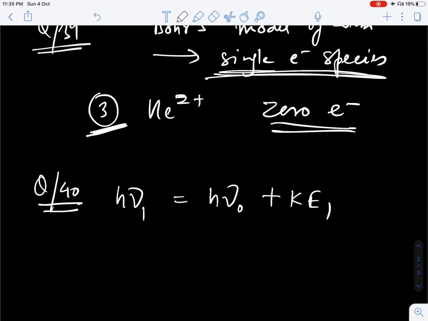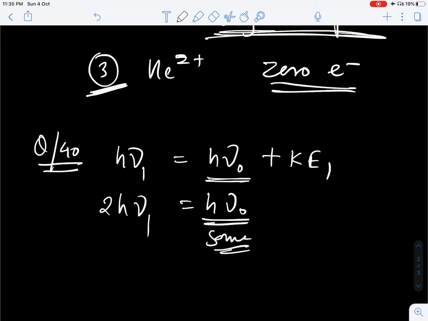Similarly, it is given in the question that we have to double the frequency. So what will be the new energy of the photon? It will be 2h nu1, but the threshold energy will be the same because threshold energy depends on the nature of the metal. We have not changed the metal, so the threshold energy will be the same. The kinetic energy will be, suppose, KE2.